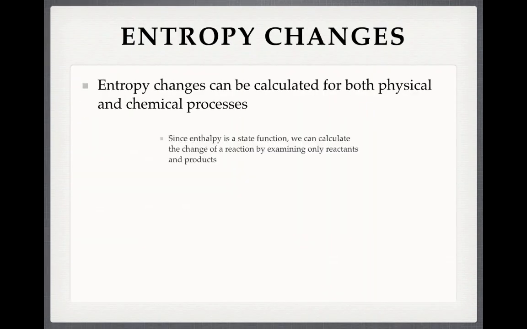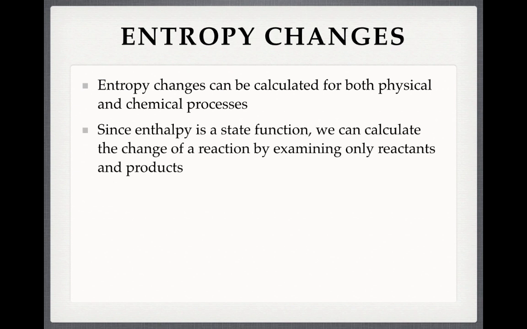Now, when we're looking at entropy changes, which a lot of times is what we're looking at for a reaction, we can calculate the change in entropy for either a physical change or a chemical change. Now, since entropy is in fact a state function, we can calculate the change of entropy during a reaction by looking at the entropy of the reactants and the entropy of the products, and just taking products minus reactants.